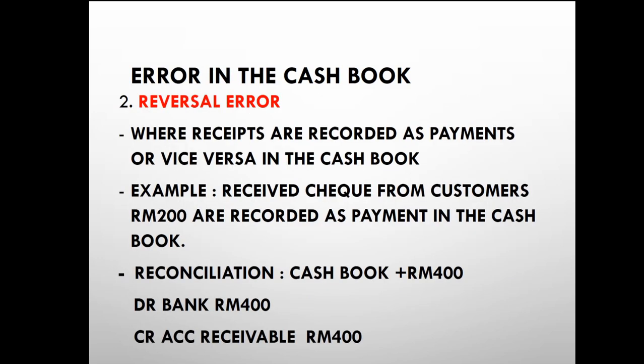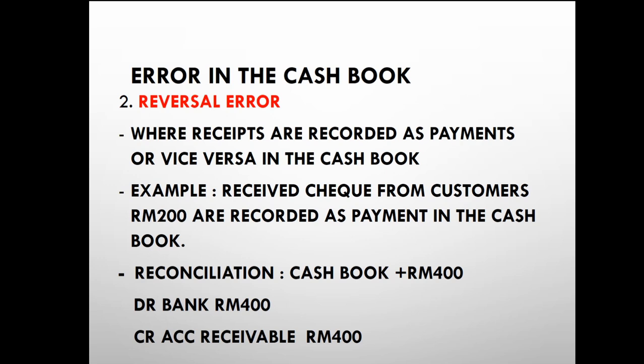An error in the cash book that can also occur is what we call a reversal error, where receipts are recorded as payments or vice versa in the cash book. For example, a cheque received from a customer, 200, is recorded as a payment in the cash book.